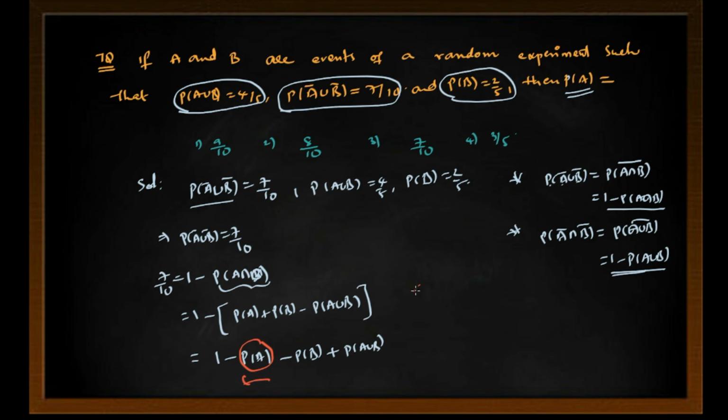Therefore I am writing P of A equals 1 minus P of B plus P of A union B, minus 7 by 10.